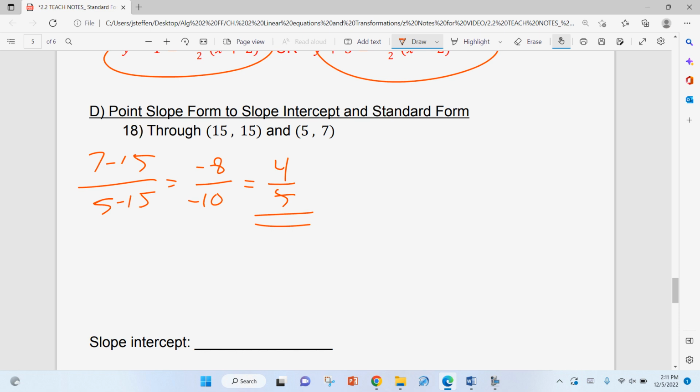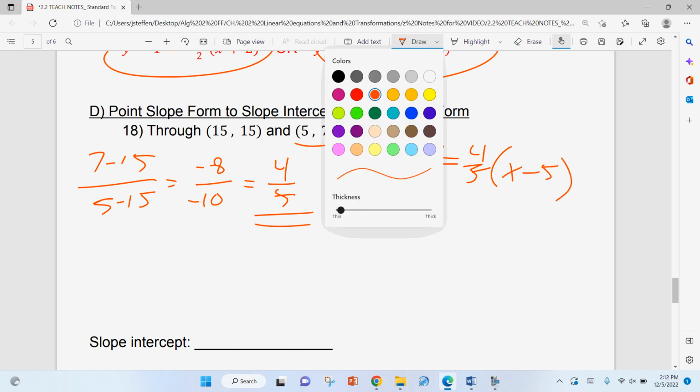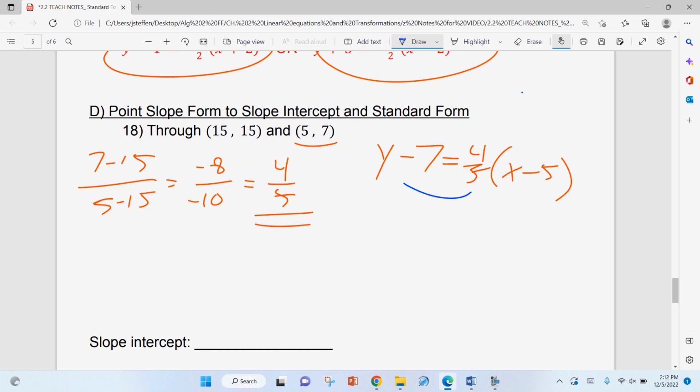So the thing I always do first is I do point slope form first. So y minus, so y value, I'm going to use the second one. 7 is equal to 4 over 5 times x minus 5. Then I do the same little trick where I distribute my 5 to the left. 5y minus 35.